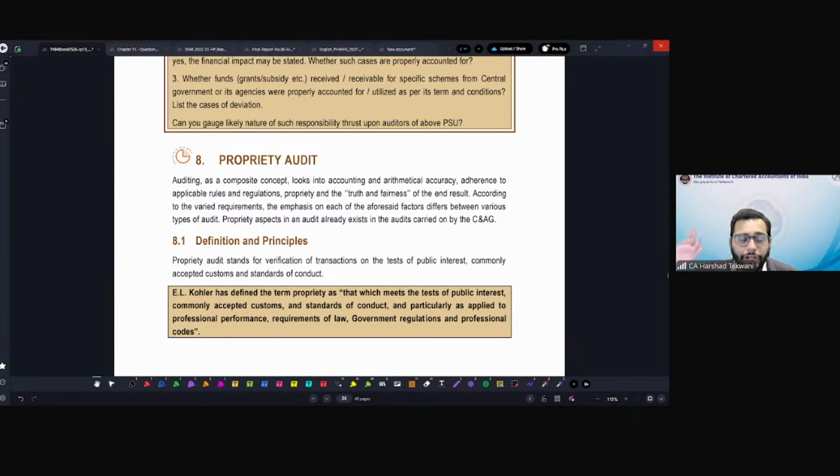Now, what if the audit criteria is flawed? What if the audit criteria is not appropriate? What if those standards and guidelines, or the schemes which are being framed, are not in the interest of the public?